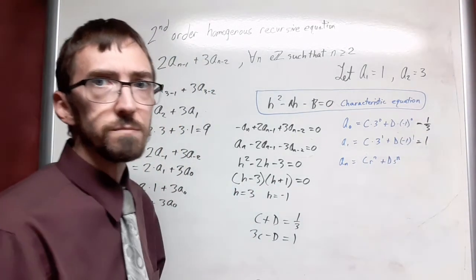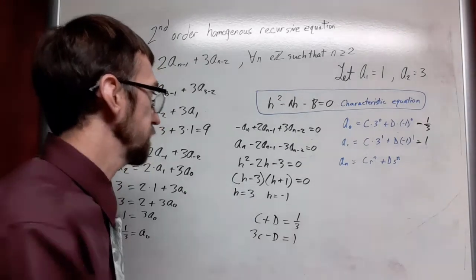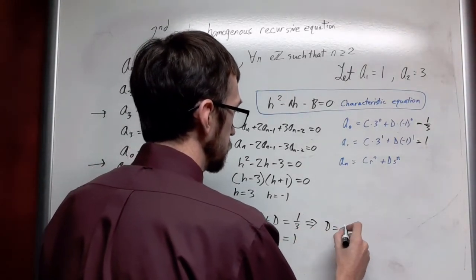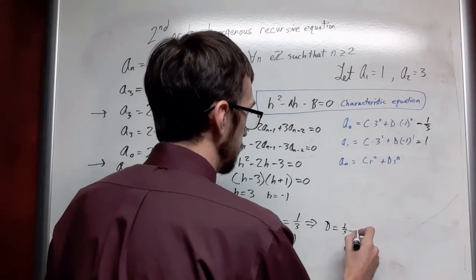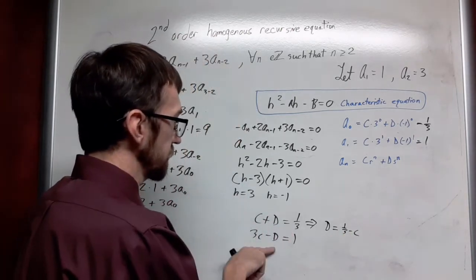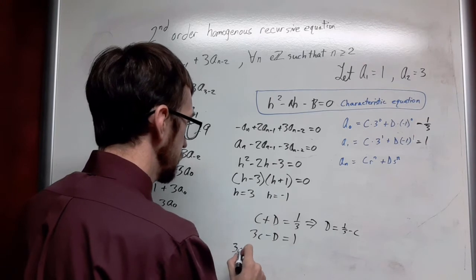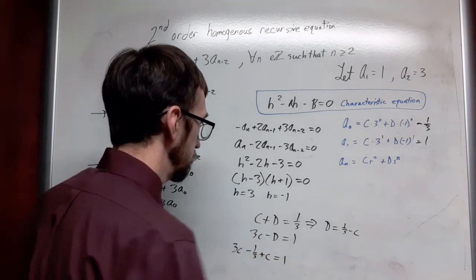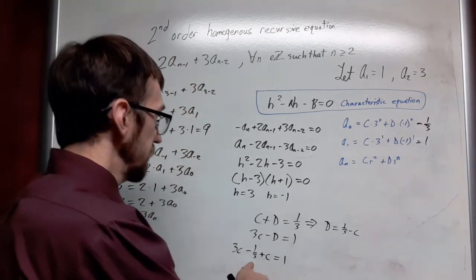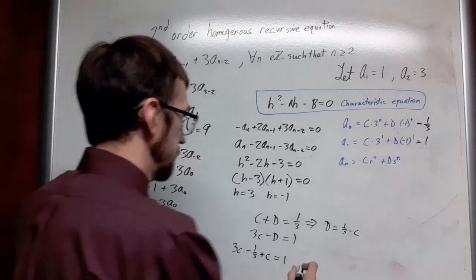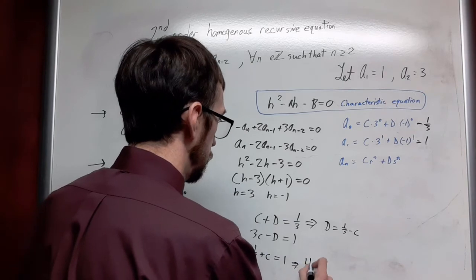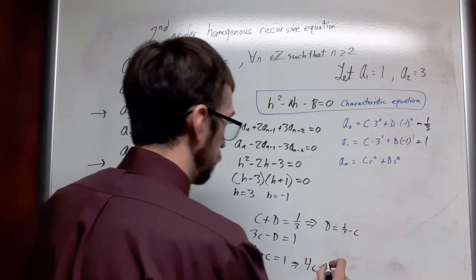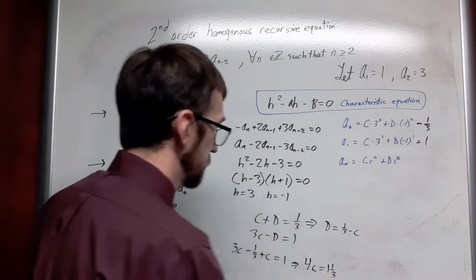So I'm solving this system of equations. It's going to be fairly straightforward. If I solve this for D, that's going to give me D is equal to 1/3 minus C, and then I'm going to plug this in down here. So I'm going to have 3C minus 1/3 plus C equal to 1. And when I solve that, I'm going to have 4C equals 1 1/3.